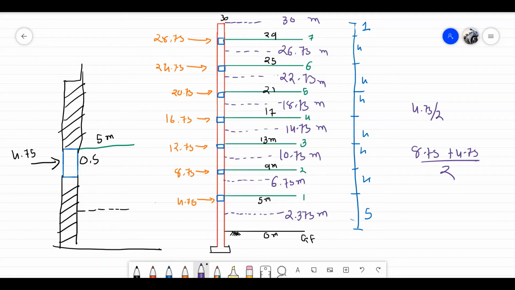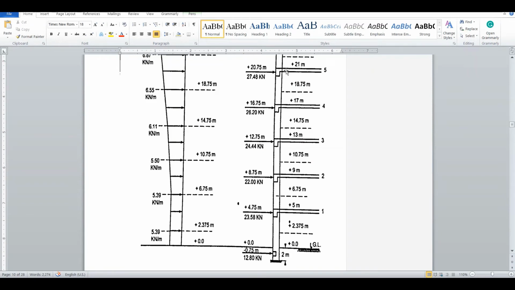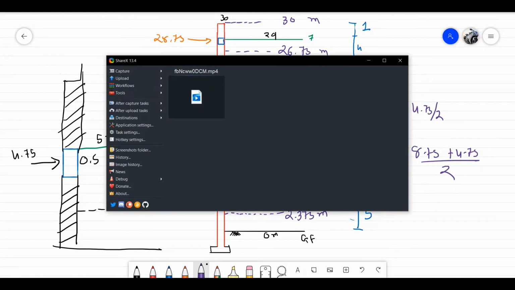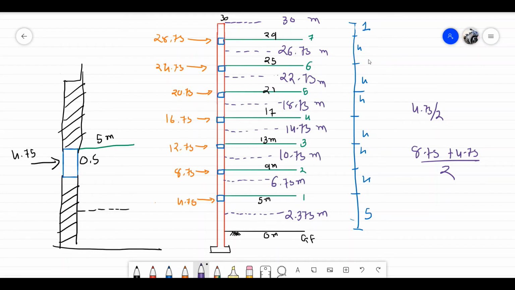So this dimension is completed. You can see here. Okay. So calculation is completed. Dimension is completed.